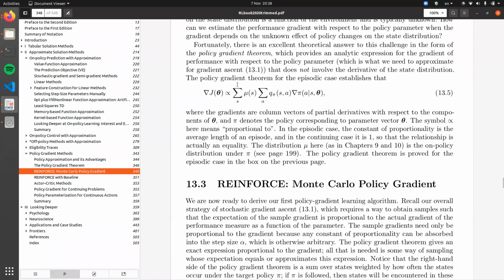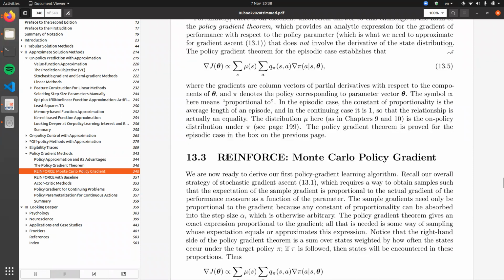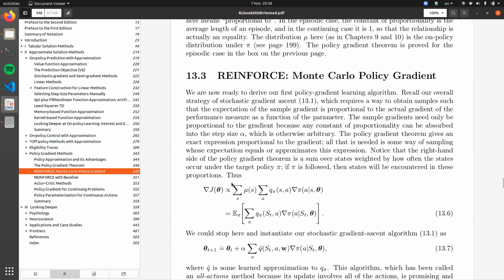What we got here is the gradient of the objective, and we can see that this is equivalent to the expectation under policy pi of this quantity.